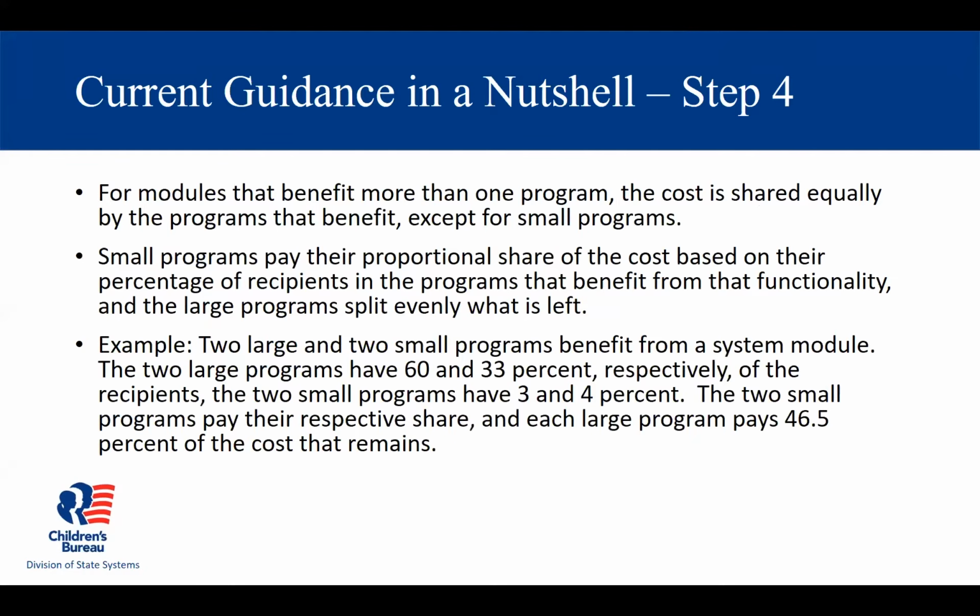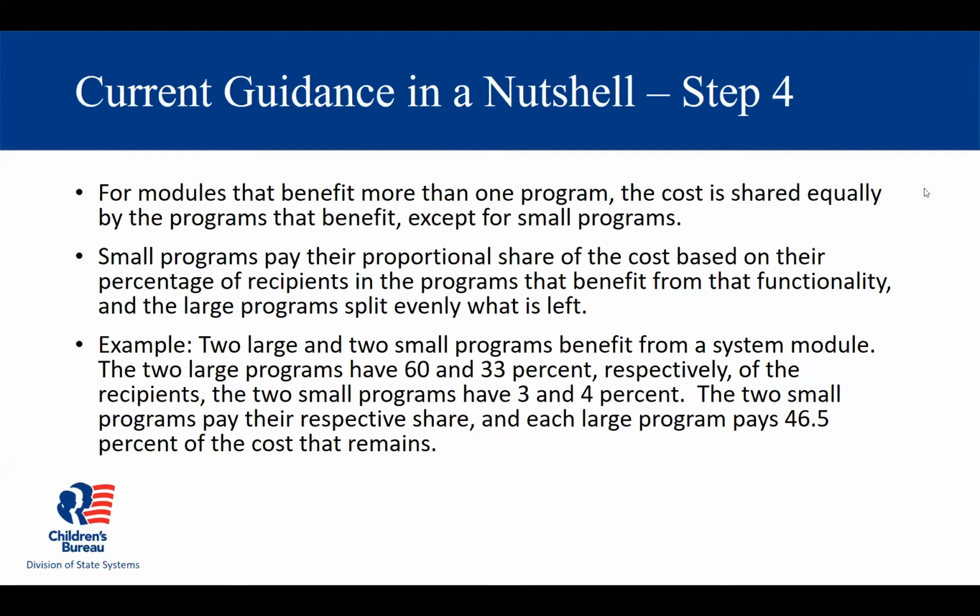For modules that benefit more than one program, the cost is shared equally by the programs that benefit, except for the small programs. Small programs pay their proportional share of the cost based on their percentage of recipients in the program that benefit from that functionality, and then the large programs split evenly what is left. So in this example, you have 2 large and 2 small programs. The one large program represents 60% of the recipients.